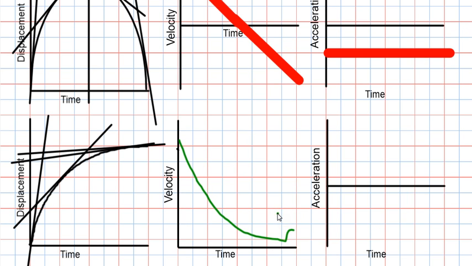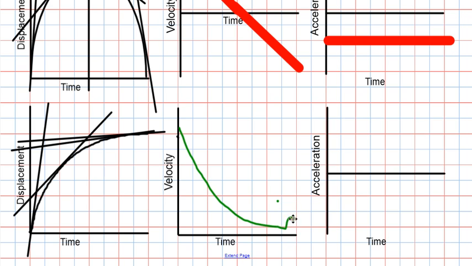And don't mind that blip. Let me go and erase that. When we look at this graph now, we need to look at the slopes on this line, and we can see that initially we have a large magnitude negative value, and that over time the slope itself becomes less and less negative, but always stays negative.